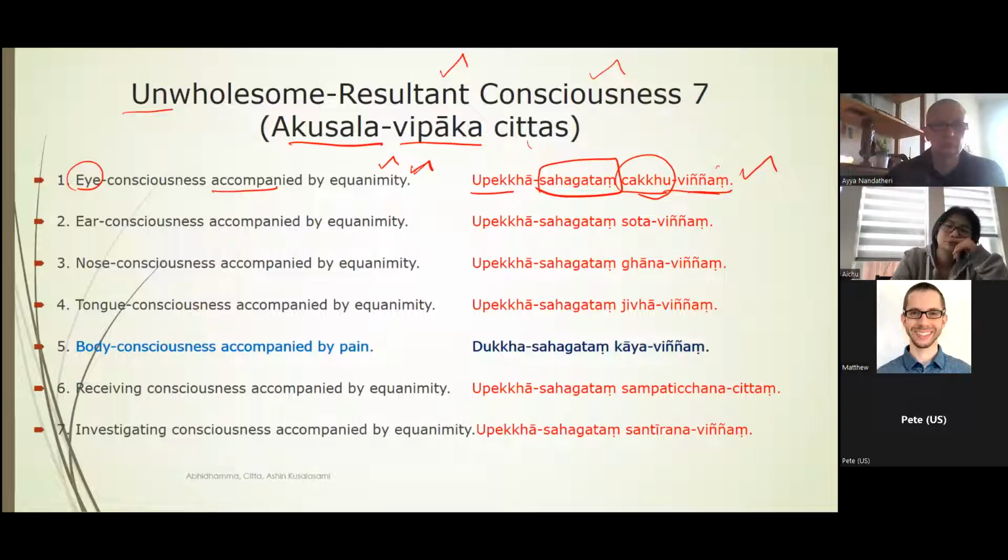I always give an example with the old camera. There is a film inside, and if you take a picture, the camera does not know whether the picture is good or bad. The duty of the camera is just to take the object.